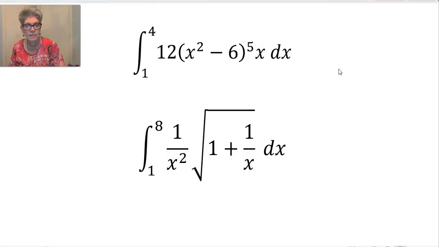Now, your TI 84 Plus calculator, there is a way you can calculate this on that. However, your math professor might specify that you show your steps and you show what you got for u and all the steps.